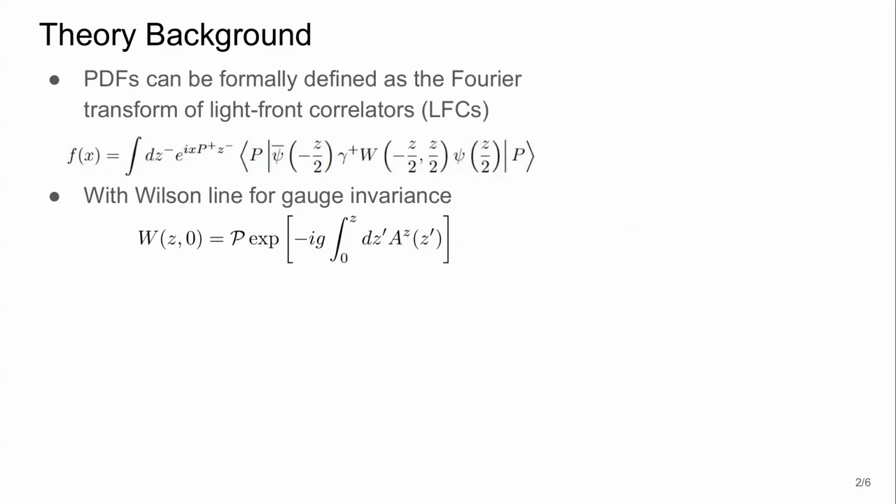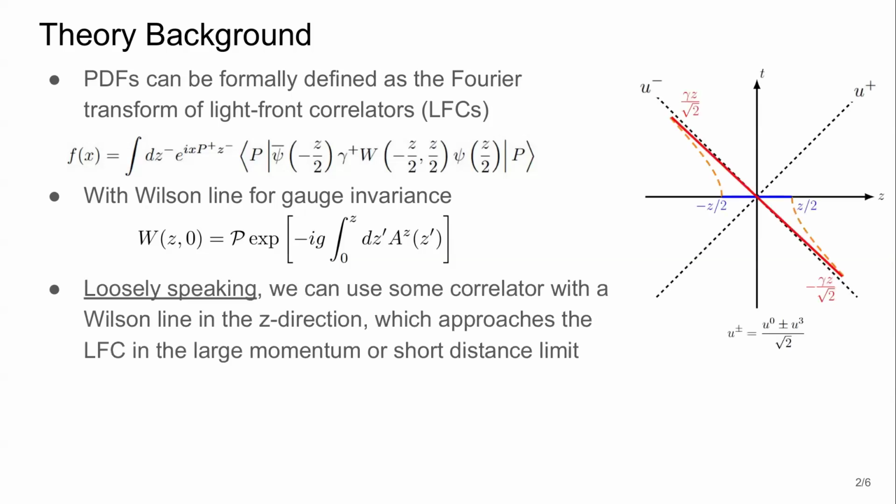So you might be asking, we're working on a Euclidean lattice. How do we measure something that is on a light cone? The light cone is a single point when you're working with Euclidean space. Some people smarter than me figured out that, very roughly speaking, you can take your correlator in the spatial z direction and take the hadron states to have large momentum.